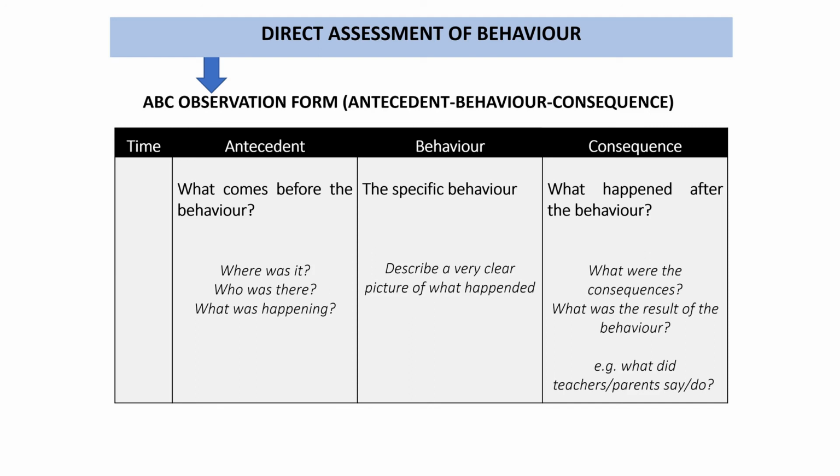To do this, we suggest using an ABC observation form each time the target behavior is issued. The information obtained helps to determine, prior to the development of an intervention, a hypothesis of the function of the problematic behavior on one hand, and on the other hand, the environmental events or stimuli that increase or reduce the probability that problematic behavior will occur.